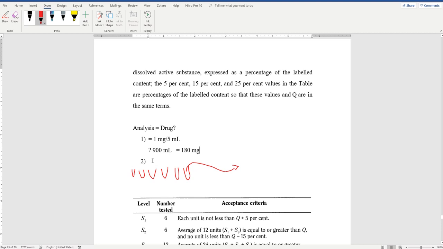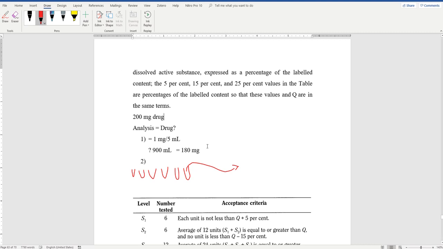So you do the same with the others. You analyze and find out how much dissolved in each vessel from each tablet you placed inside it. Suppose the product says that in each tablet there is 200 milligram of the drug.